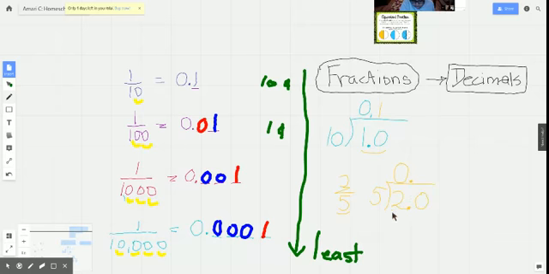So now we want to know, can 20 be divided by 5? Yes. And how many times will it be divided by 5? That's right, 4.